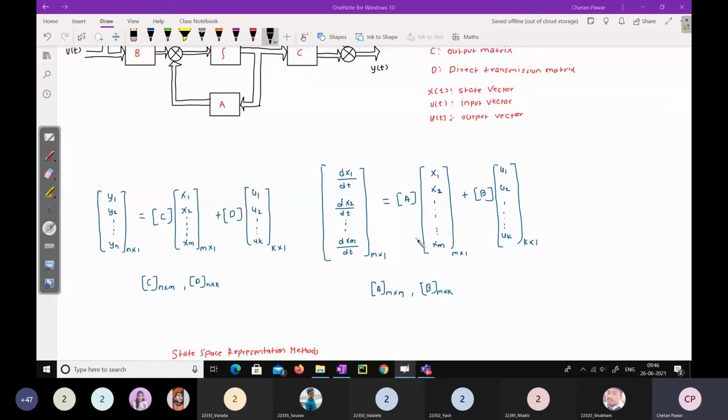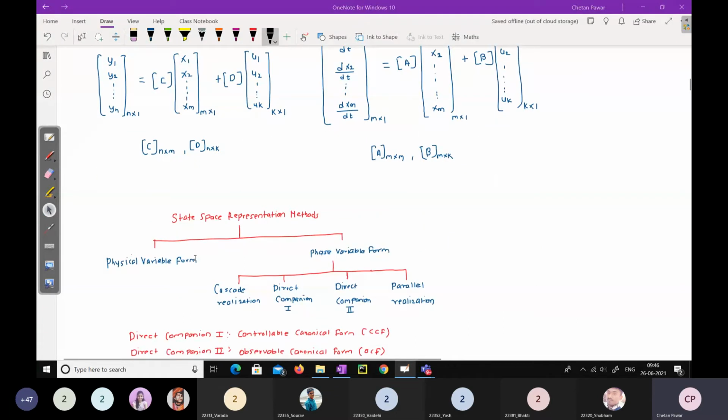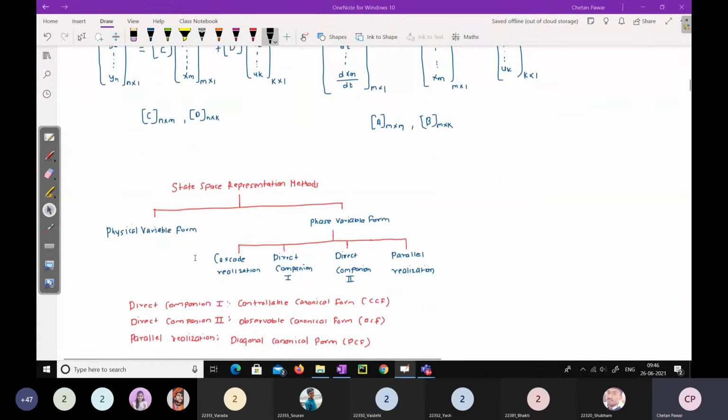This is simple, so I will not explain it. Similarly, in the input equation, the sizes of matrices A and B are decided by the states and the input vectors, and likewise the derivative of the state vectors. So this is the basic state space model: the input equation and the output equation.